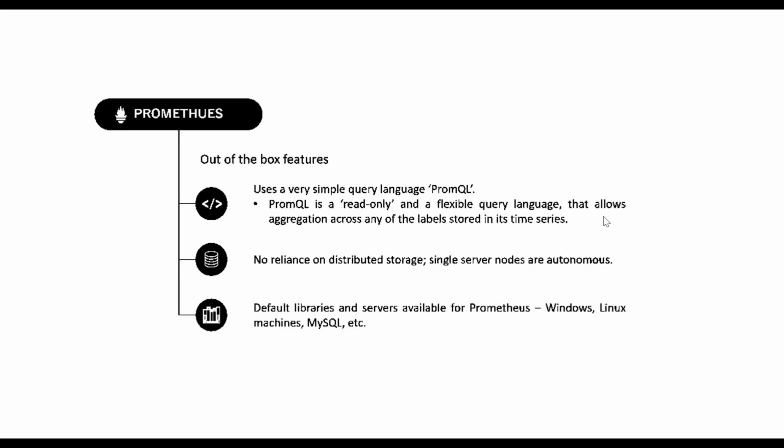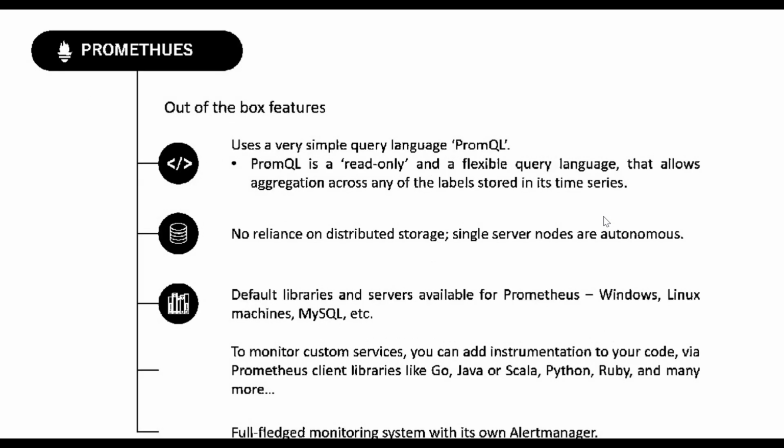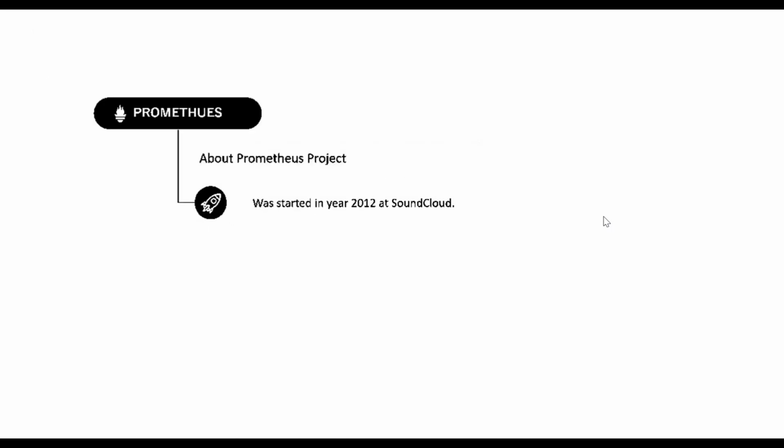Client libraries and exporters are available for Prometheus, Windows, Linux machines, MySQL, etc. To monitor custom services, you can add instrumentation to your code via Prometheus client libraries like Go, Java, Scala, Python, Ruby, and many more. It is a full-fledged monitoring system with an alert manager.